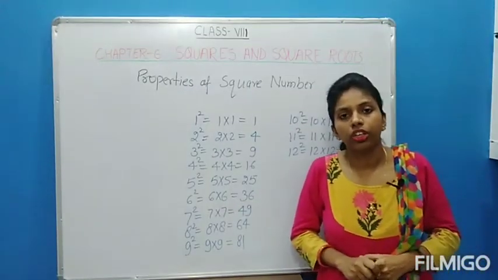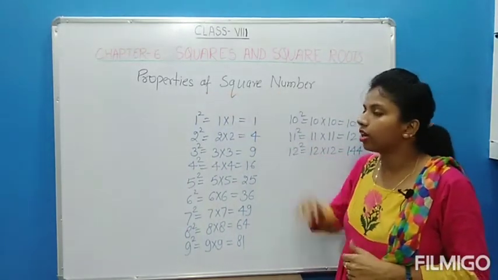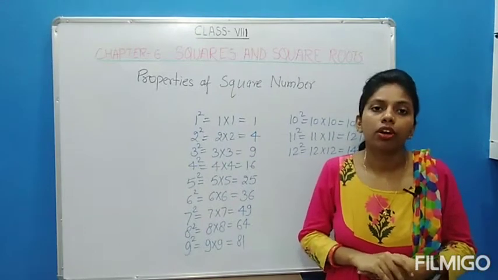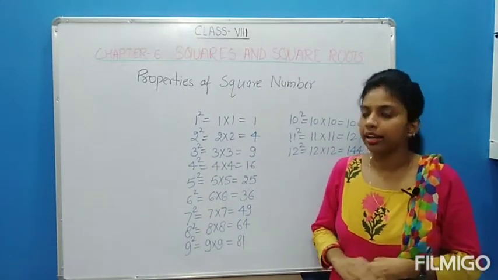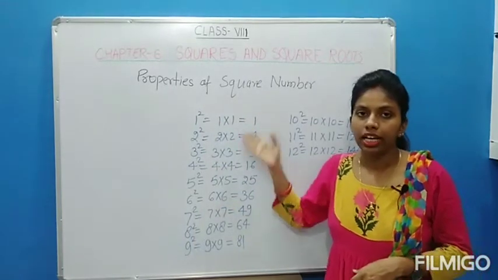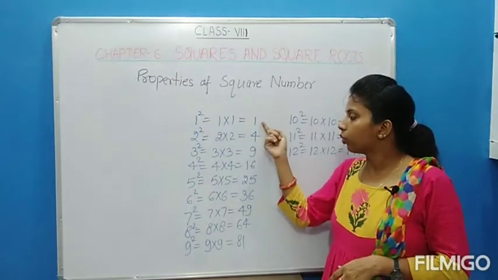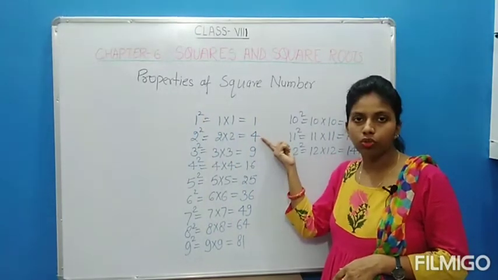Now we are going to discuss some properties of square numbers. For discussing properties of a square number, I write some numbers and the squares of those numbers. Here we have some number squares. 1 square is equal to 1, 2 square is equal to 4.